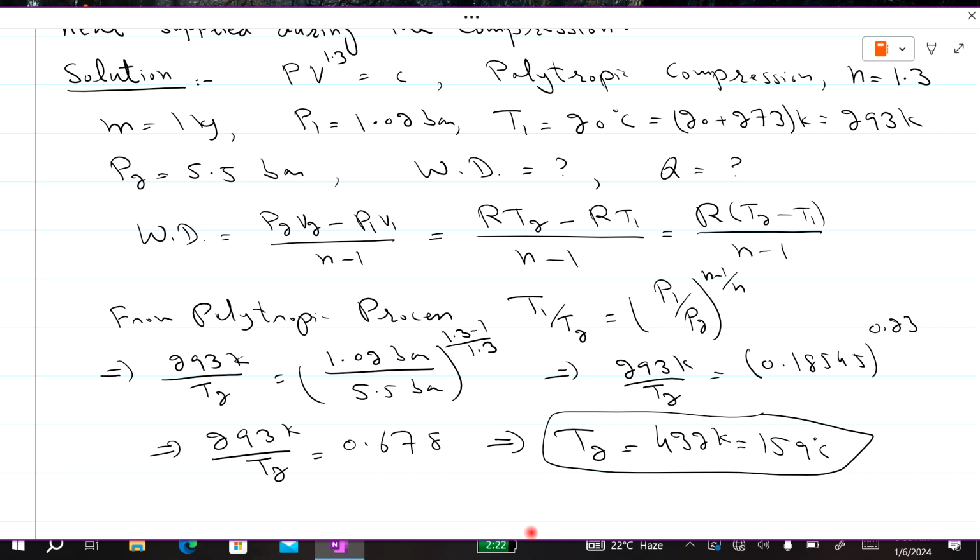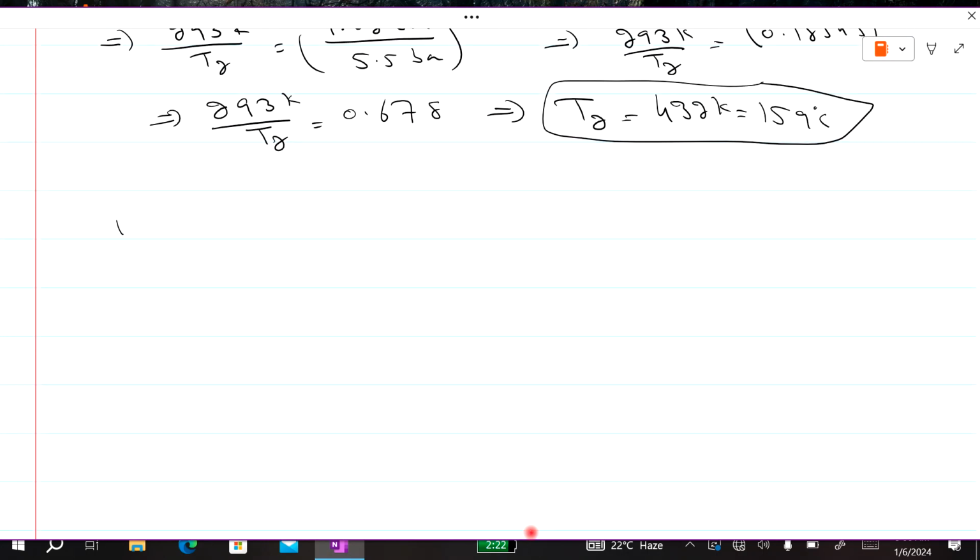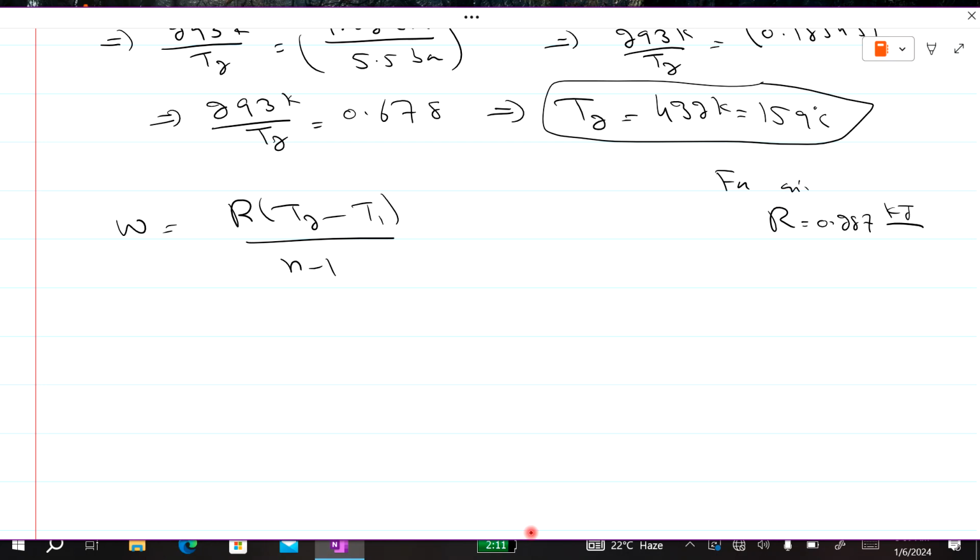Now we can easily find work done. Work done is equal to R (T2 minus T1) divided by (n minus 1). Here the working fluid is air, and for air R is equal to 0.287 kilojoule per kilogram per Kelvin.